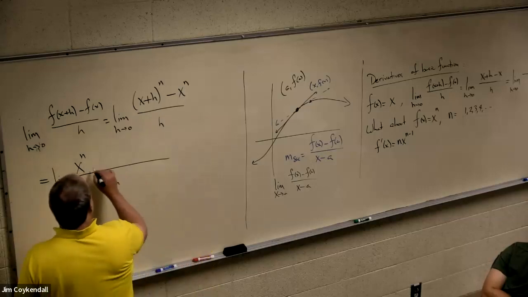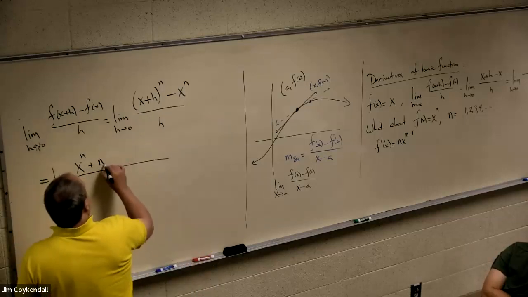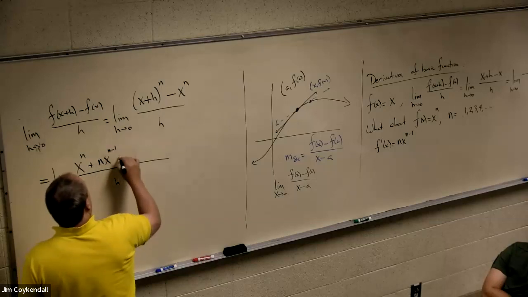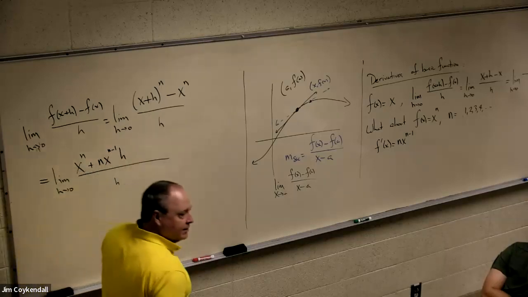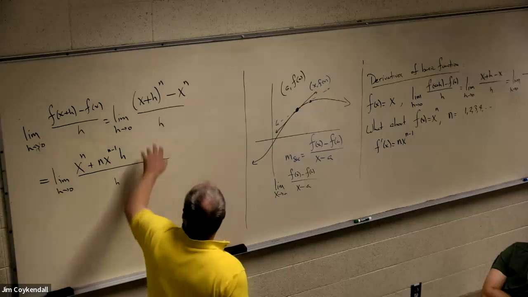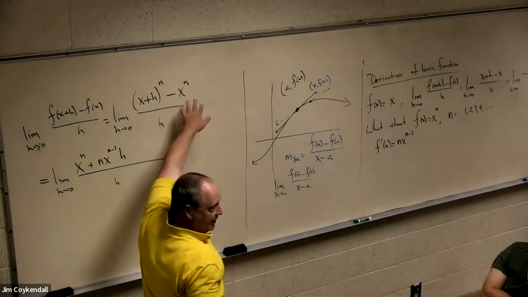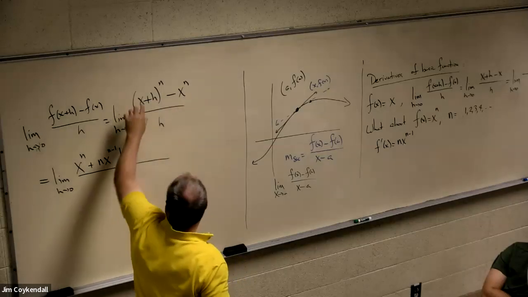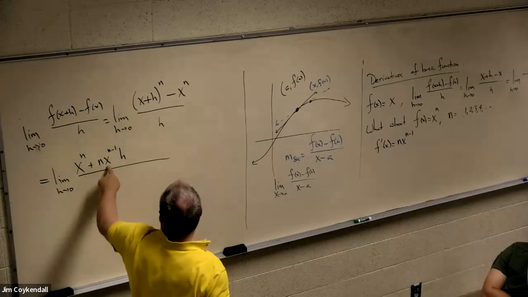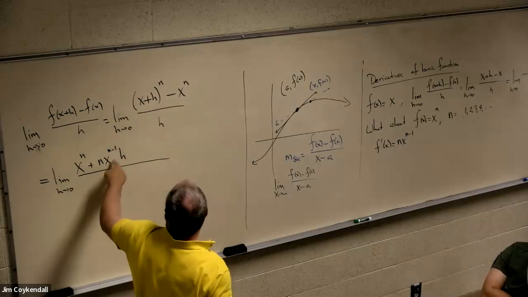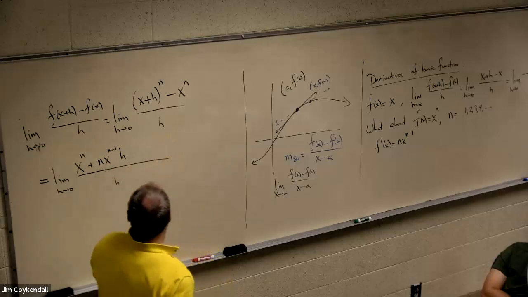It's n x to the n minus 1 times h. Because you're multiplying this together n times, you can take n minus 1 x's and then one h, and there are n ways to do that.